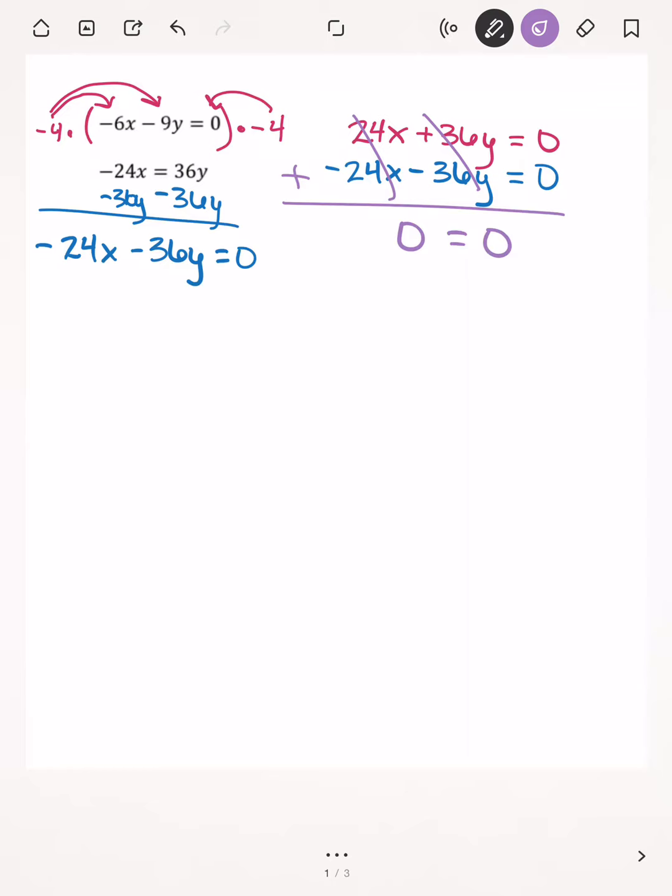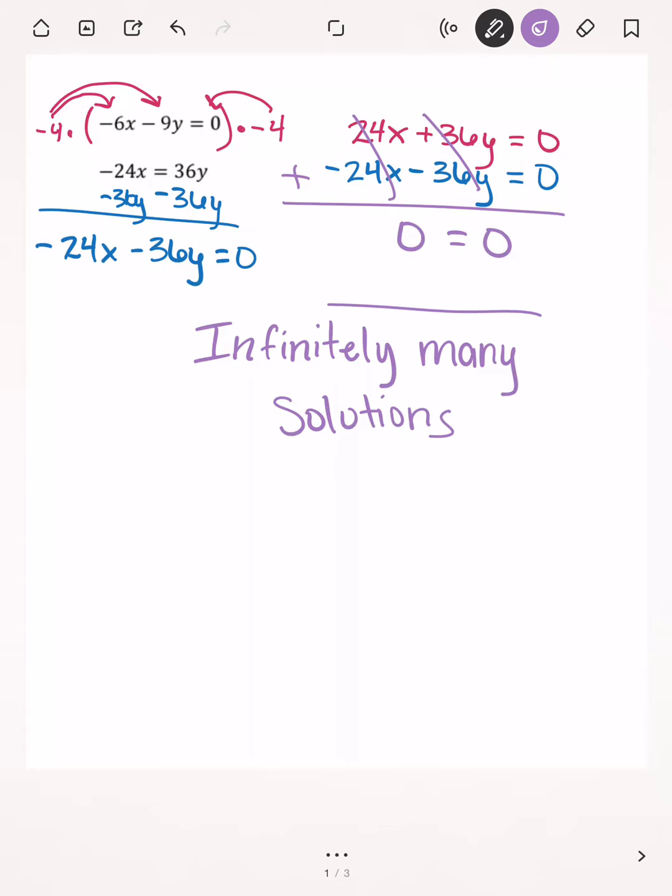What this means is I have two lines that are overlapping, two lines that are exactly the same, which means I have infinitely many solutions. Any point that I choose on the line will make both of these statements true.